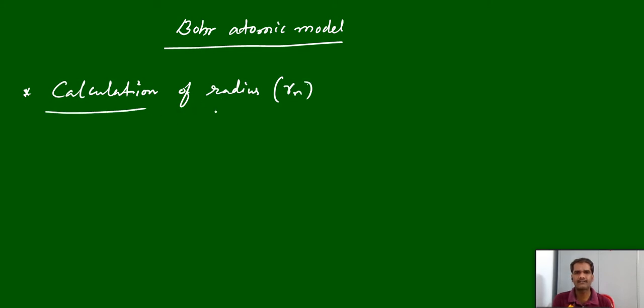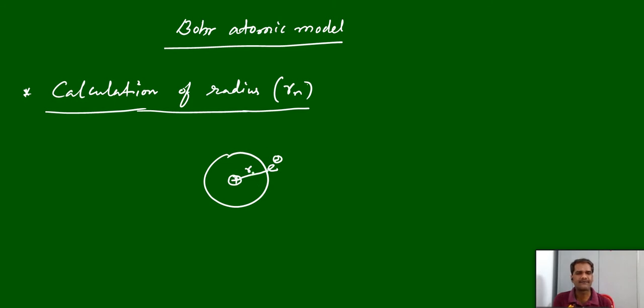The calculation of radius is nothing but the distance between the nucleus and the electron present in a particular orbit. If n equals 1, it is the first orbit radius, if n equals 2, you take the second orbit radius, and so on. Let us take that the electron is revolving around the nucleus in a fixed orbit. Here we have the electron. If you want to calculate the distance between the electron and nucleus, we can call this the radius.